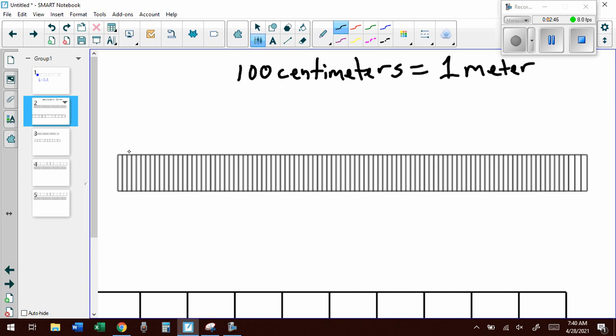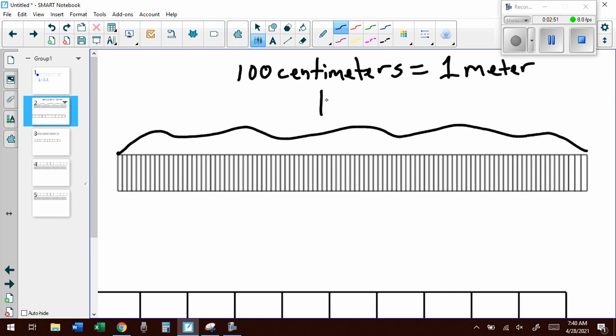So right here I have 1 meter. Meaning that each one of these partitioned pieces is equivalent to 1 centimeter. So right here, that is 1 centimeter.